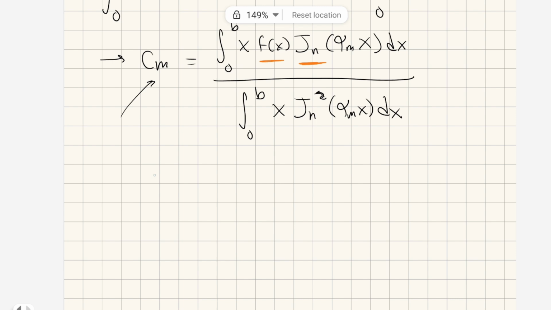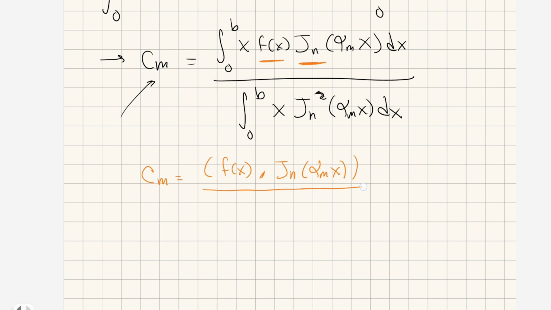Okay? So we can say that cm is equal to the inner product between f of x, comma, Jn of alpha m x. I mean that we are taking the inner product between an arbitrary function that we want to express as an infinite sum and some Bessel function.